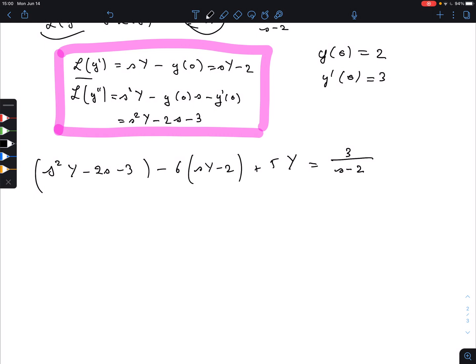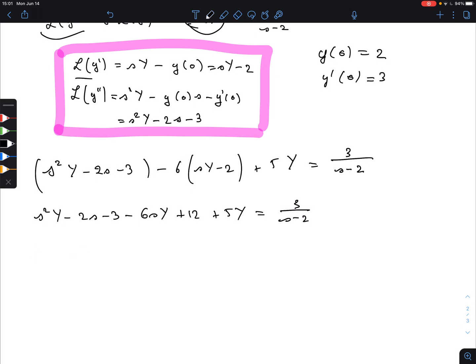That is s squared y minus 2s minus 3 minus 6sy plus 12 plus 5y equals 3 over s minus 2. So the terms with the y's are s squared y minus 6sy. Let's put the y out of the terms.